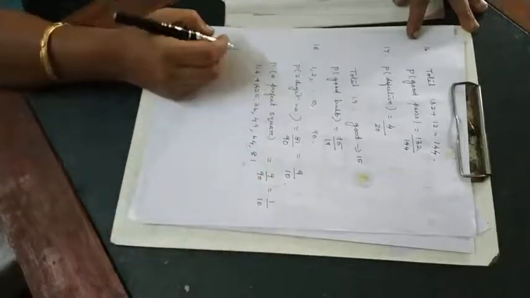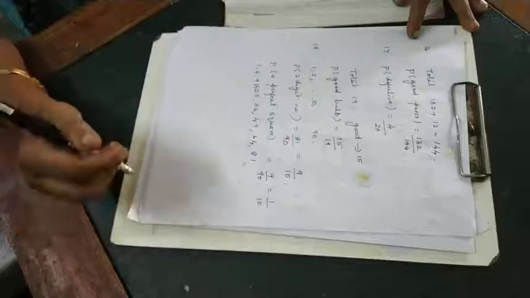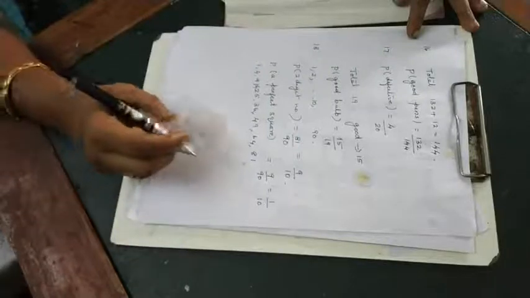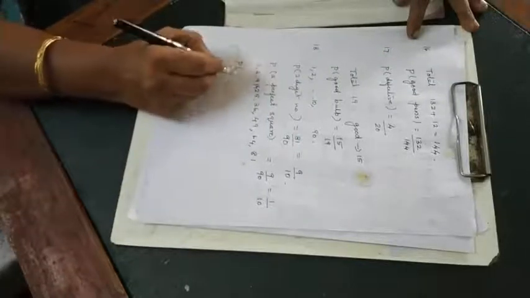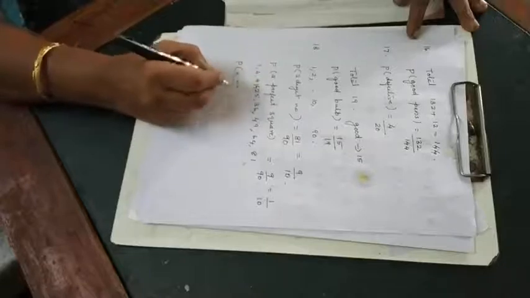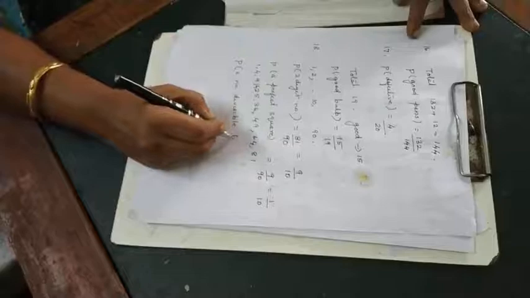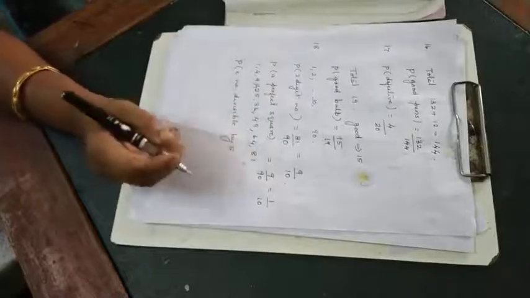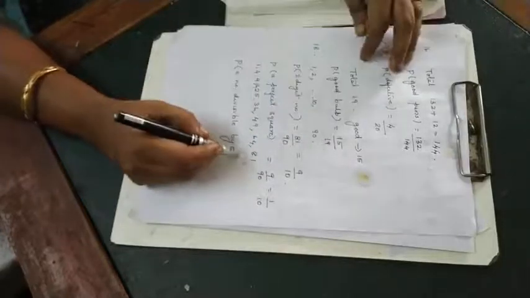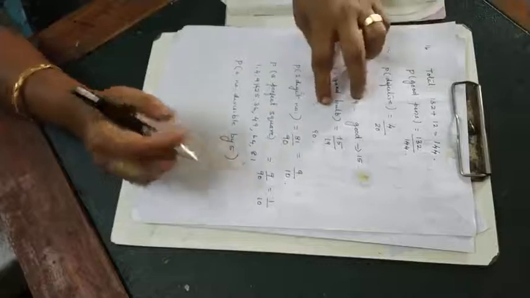Okay. Now a number divisible by 5. Probability of a number divisible by 5. Okay. So which are the numbers divisible by 5 from 1 to 90?